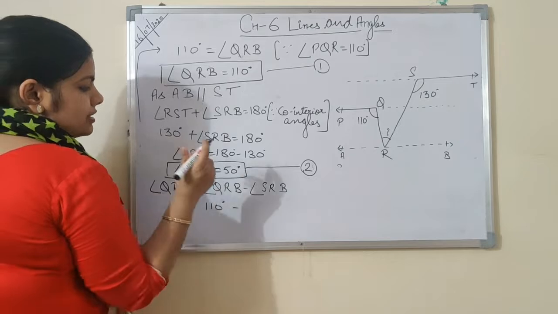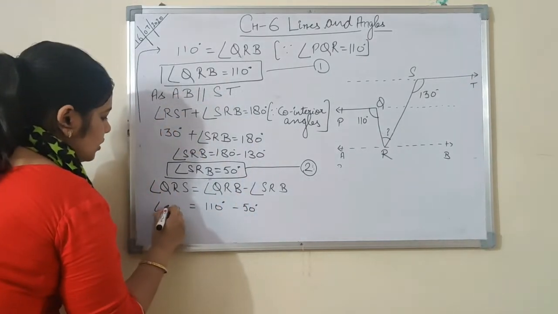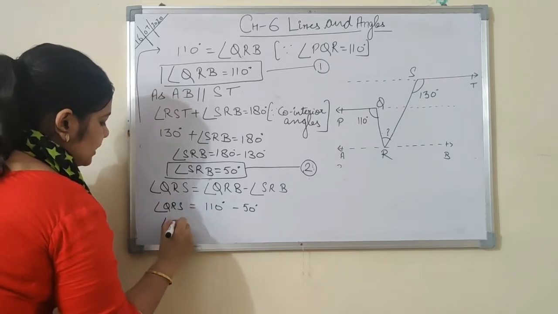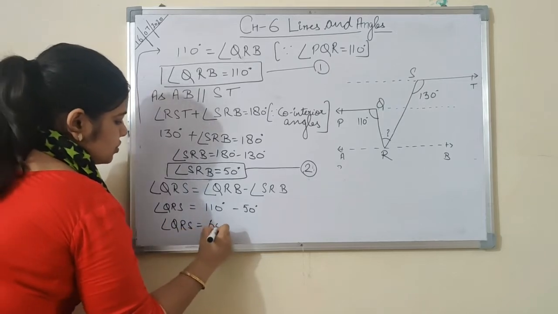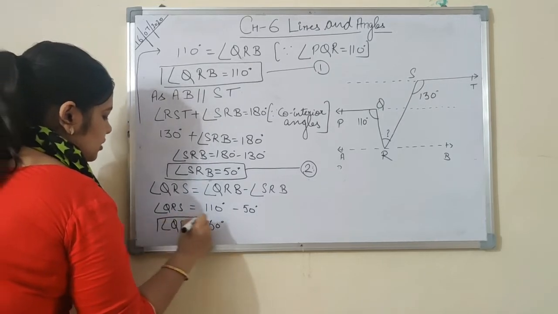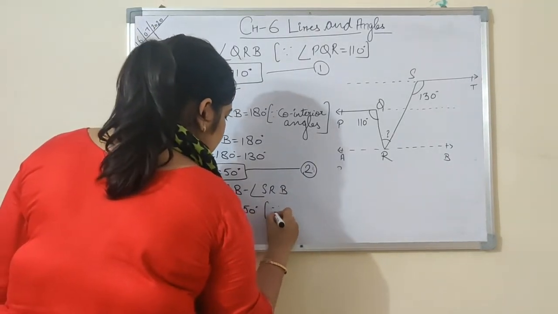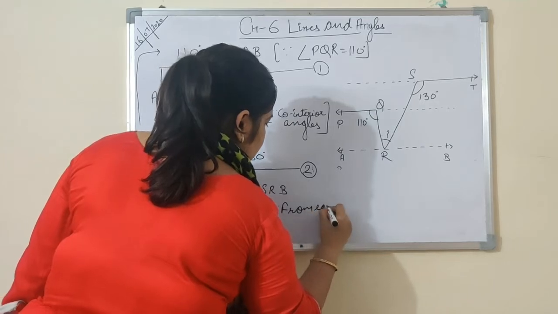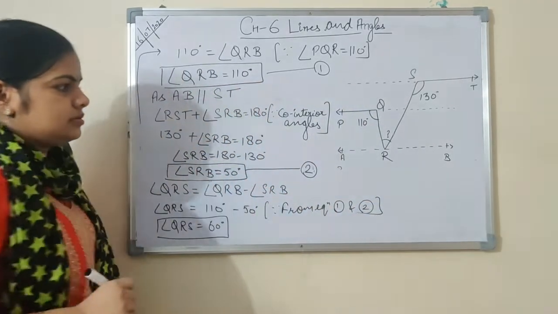And in place of angle SRB, according to the second equation, we can write 50 degrees. Now, we will get our final answer as angle QRS is equal to 60 degrees. So, this is our answer. You have to mention the reason over here that from equation number first and second, we got this.